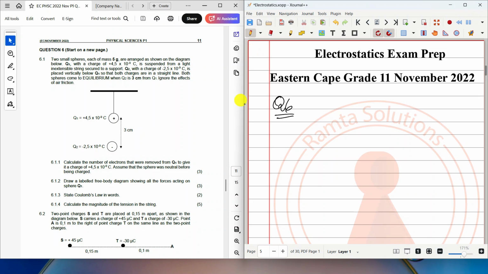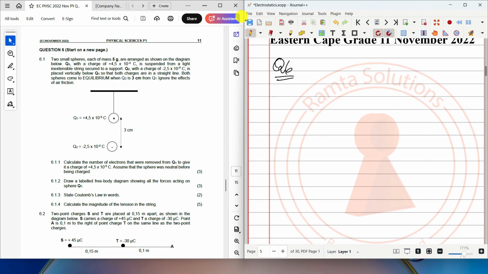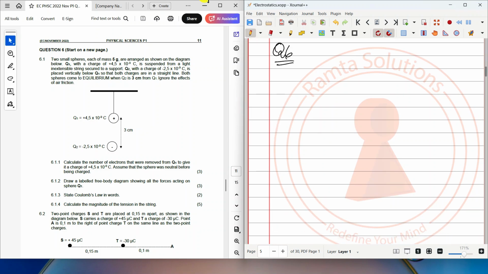All right. Question 6.1.1. Calculate the number of electrons that were removed from Q1 to give it a charge of positive 4.5 times 10 to the negative 9 coulombs. Assume that the sphere was neutral before being charged.